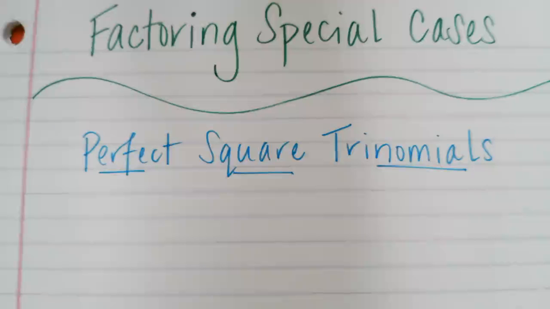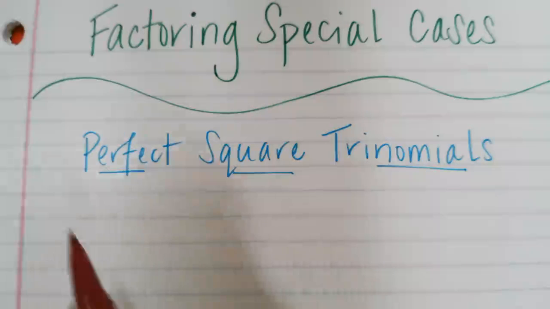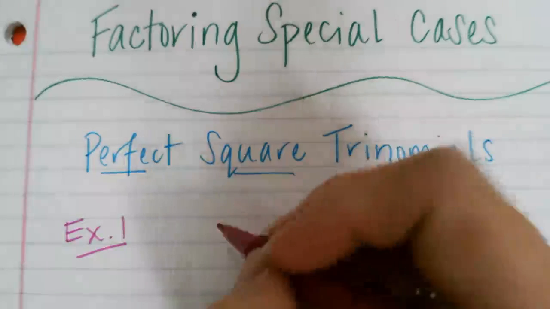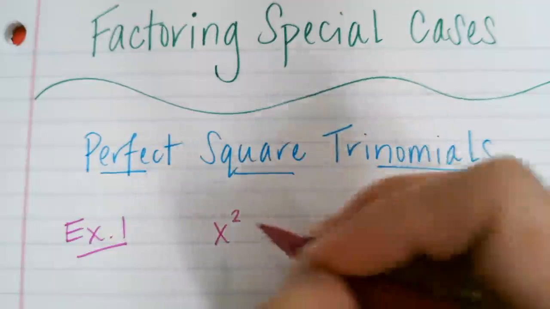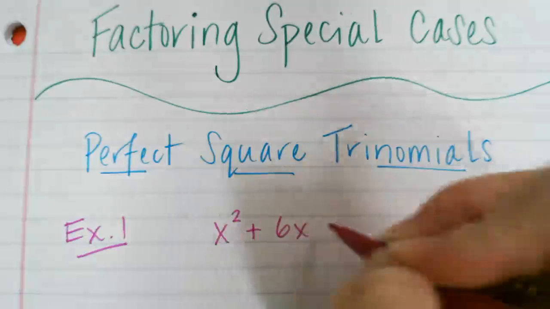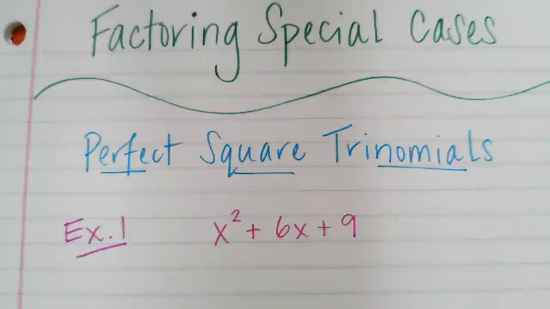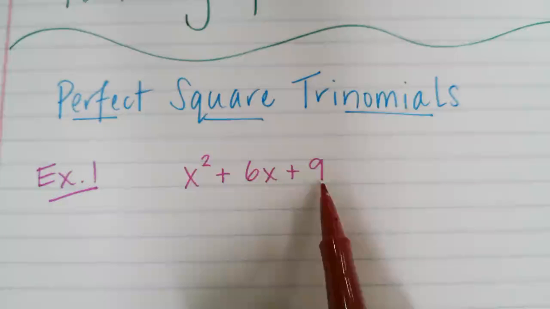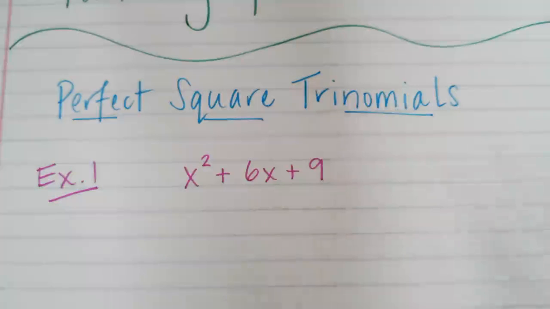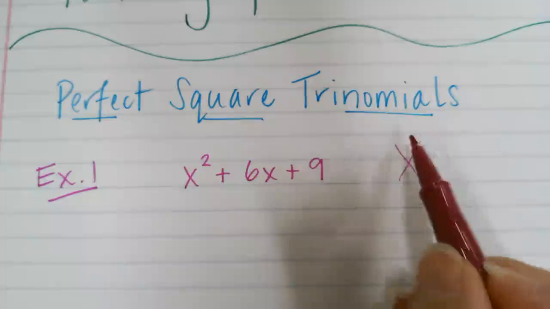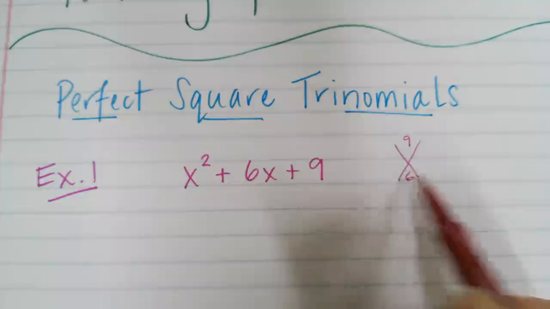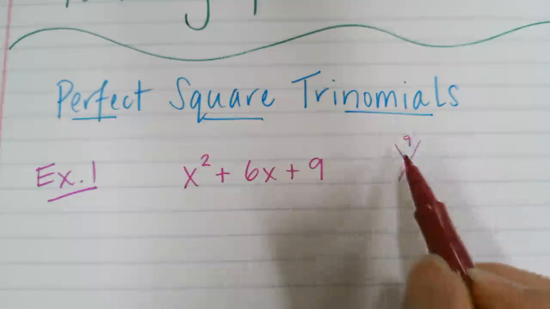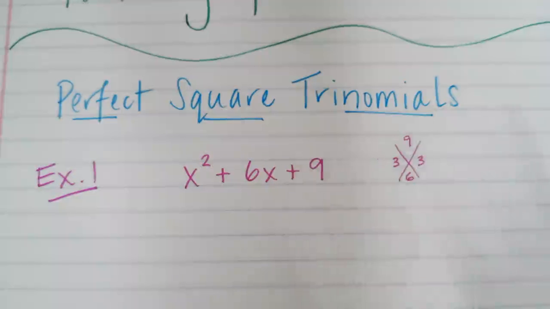All right, so here's the deal with perfect square trinomials. For example, let's say we have x squared plus 6x plus 9. We are looking for numbers that multiply to be 9 and add up to 6. If you are doing the big X, sorry, I just made it smaller, we're looking for numbers that multiply to be 9 and add up to 6, and that would be 3 and 3.